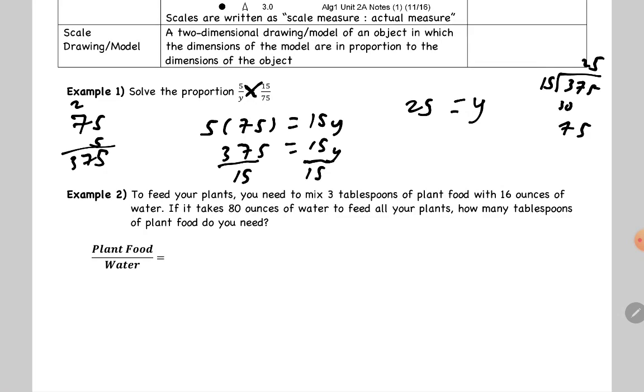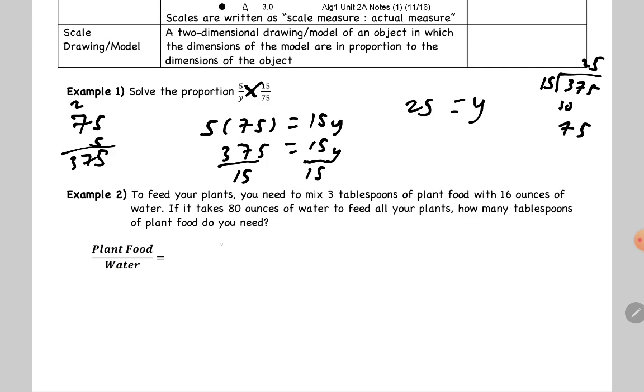To feed your plants, you need to mix 3 tablespoons of plant food with 16 ounces of water. If it takes 80 ounces of water to feed all your plants, how many tablespoons of plant food do you need? Okay, so they give us a little hint here: plant food over water equals.